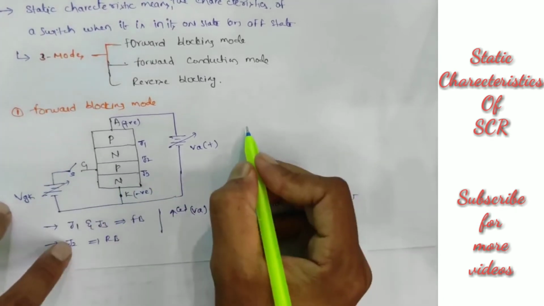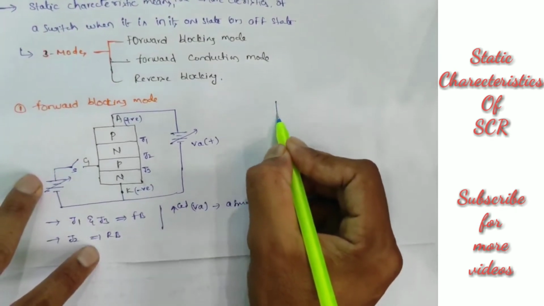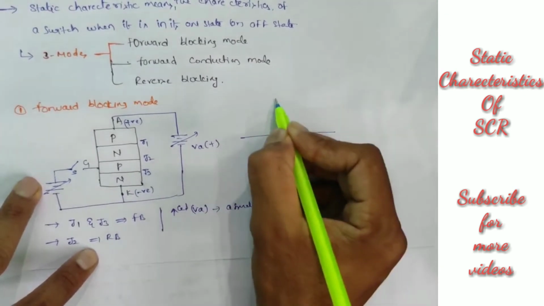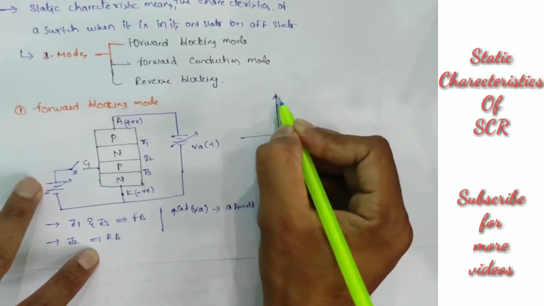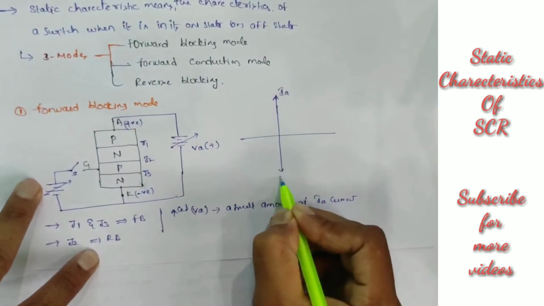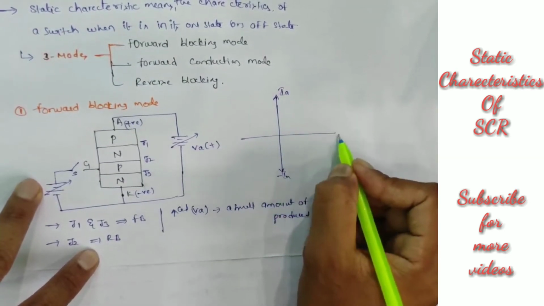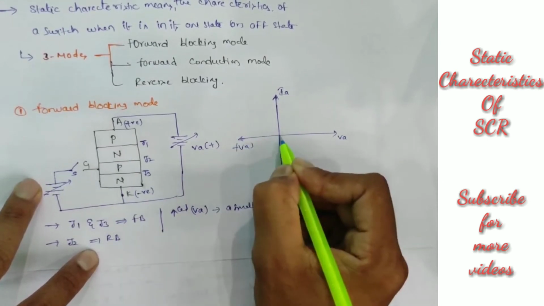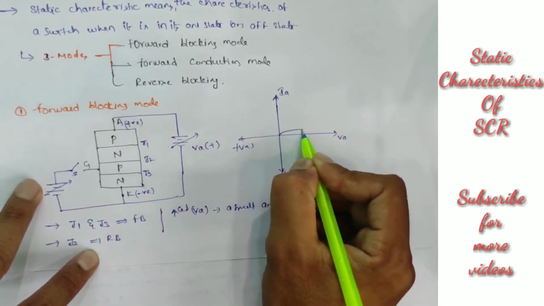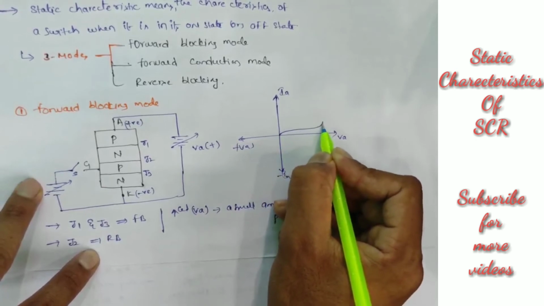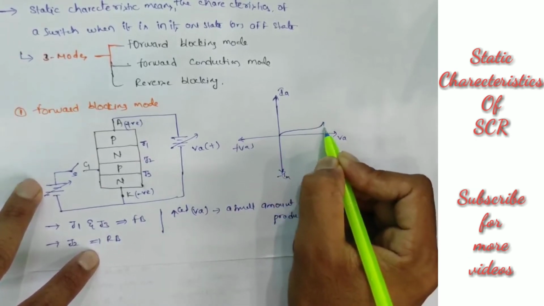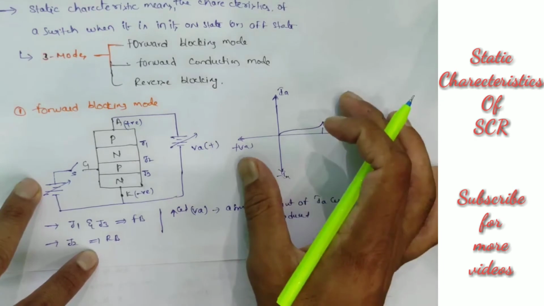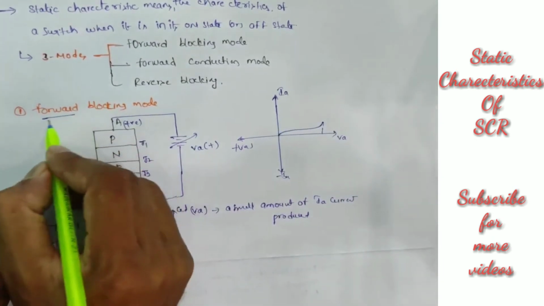In this case, we will draw the characteristics. These characteristics are drawn between IA and VA. As we increase VA, a small leakage current IA is produced. This is the characteristic of forward blocking mode.